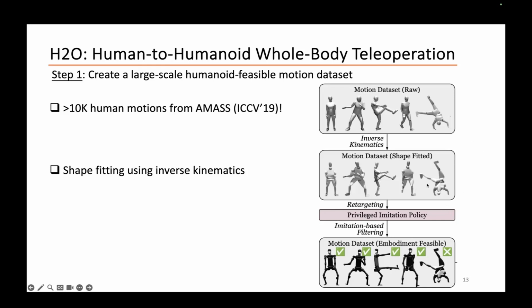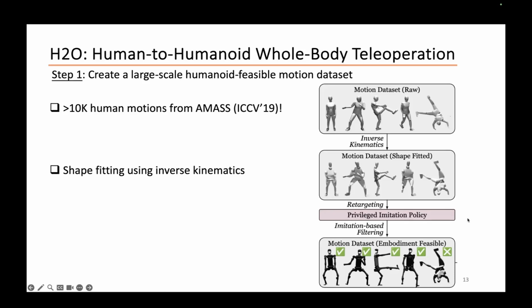You can see after this procedure, the second row starts looking a little bit closer to the humanoid. But still, it is not enough because this retargeting is only at the kinematic level. It only considers geometry and kinematics. It doesn't consider anything related to dynamics and physics. It's still hard to achieve by the humanoid.